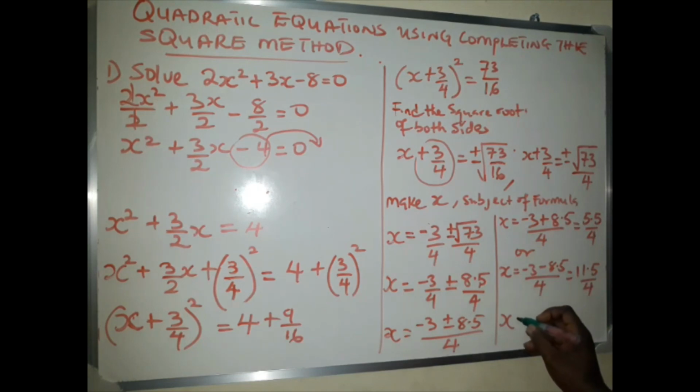It will give us x is equals to 1.4. Then the second one, what is minus 11.5 divided by 4? It will give you about minus 2.9. All of our answers are to one decimal place.